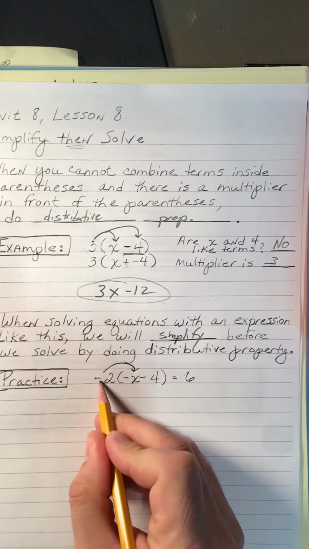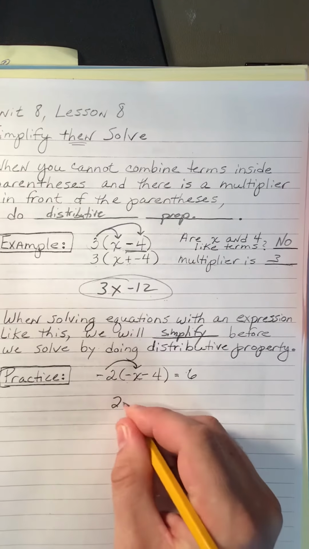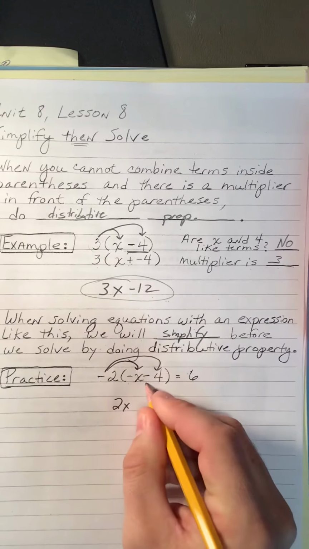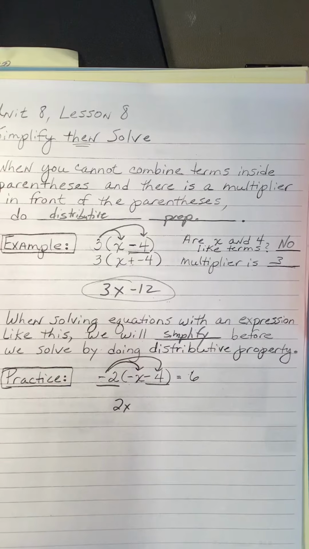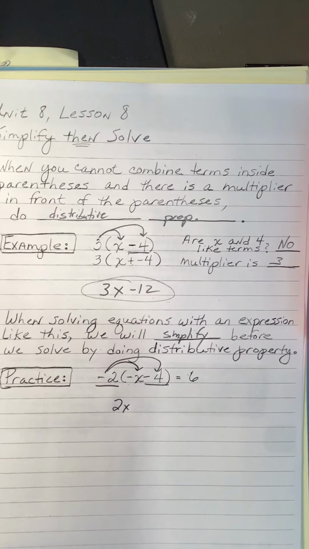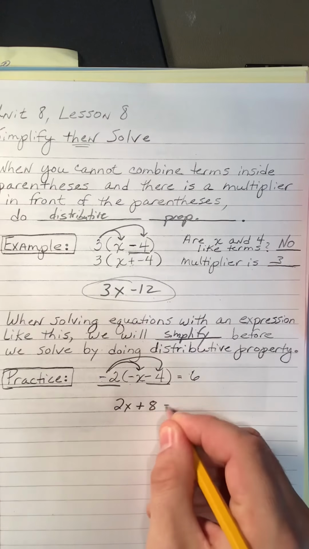Watch the signs. 2 negatives make a positive. So negative 2 times negative x is 2x. Then I'm going to take negative 2 times negative 4. Again, where the mistakes are going to happen here are going to be sign errors, guys. So negative 2 times negative 4 is a positive 8.